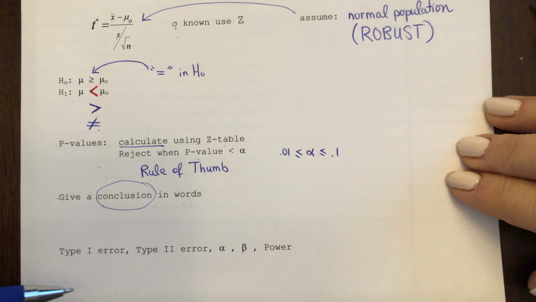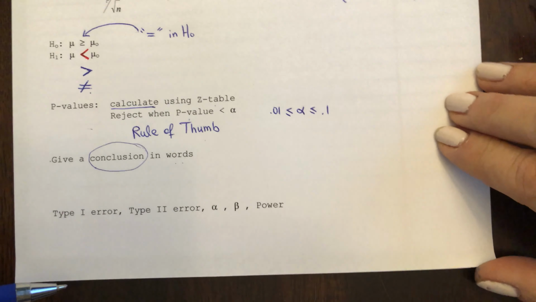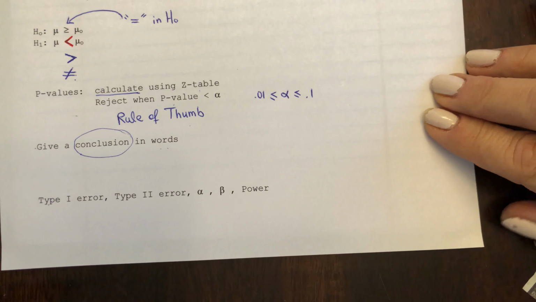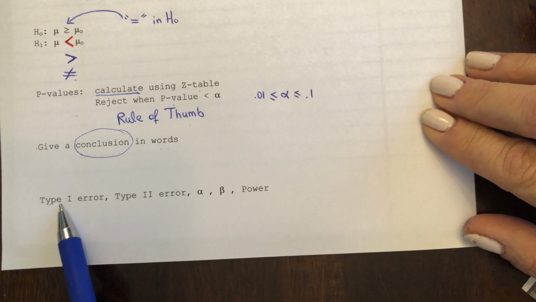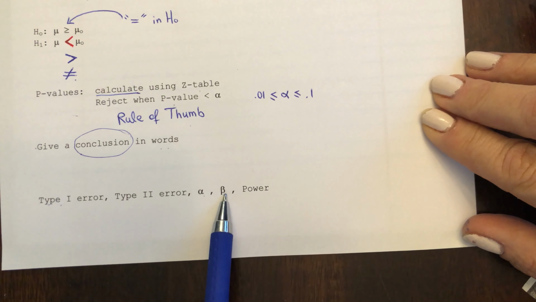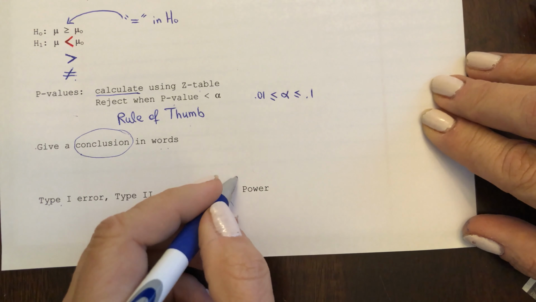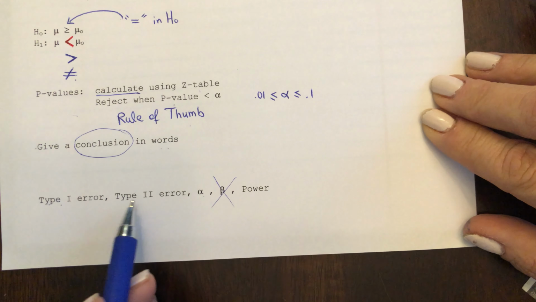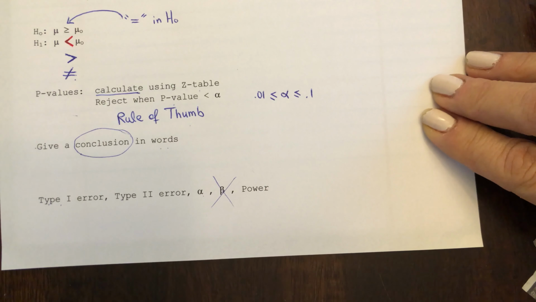Probably the more difficult concept for the exam is to understand type 1 and type 2 errors. Remember, alpha is the probability of a type 1 error. Beta, which we really are not talking about, only in the context of helping you understand other things, beta is the probability of a type 2 error.